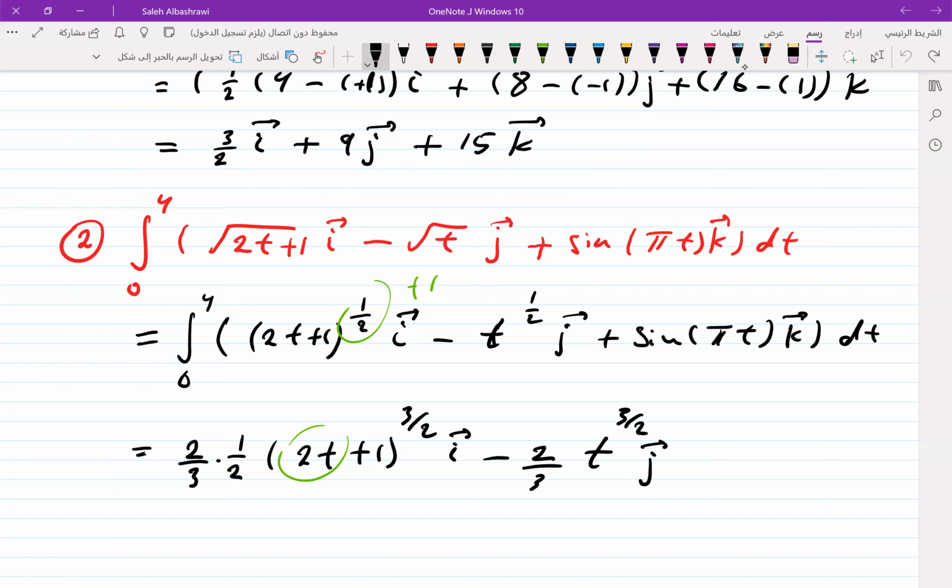Sine pi t: the integration for sine is minus cosine, and by the substitution, I will divide by pi, so 1 over pi k, from 0 to 4.